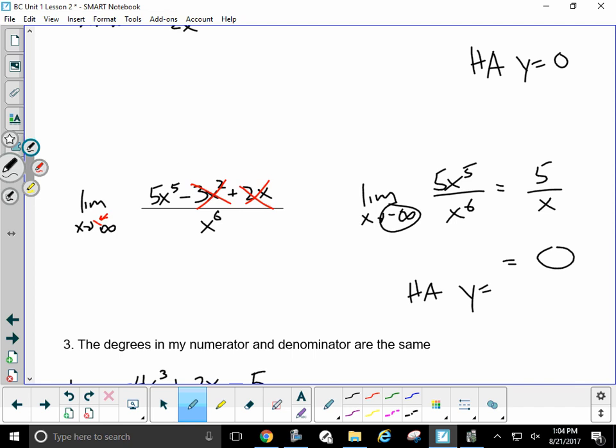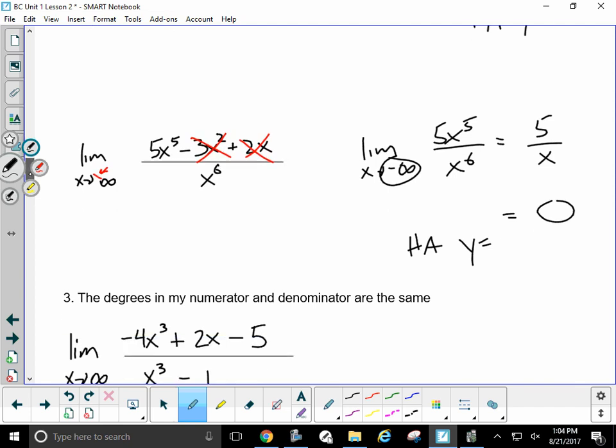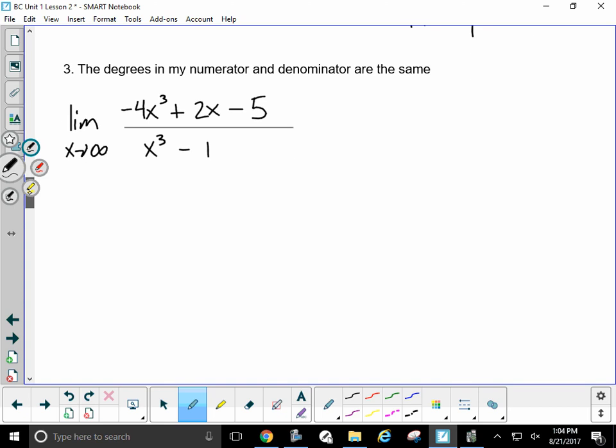Well, we can look at the relative growth rates when they're the same. So again, same type of situation. I'm trying to find the horizontal asymptote by looking at the limit as x approaches infinity. The 2x, negative 5, this 1, are insignificant when plugging in infinitely large values. So I'm really just finding the limit as x approaches infinity of negative 4x cubed over x cubed.